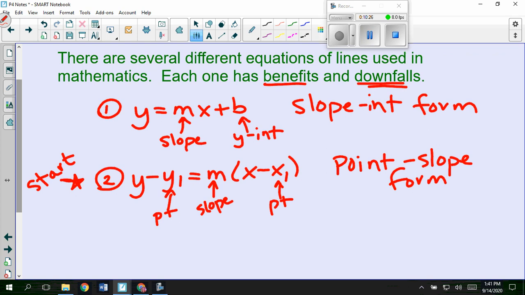Now, before I talk about the third and final form, two of the pre-calc teachers are AP calculus teachers also. So we like to do a quick shout out that for those of you moving on to AP calculus, we tend to use the point-slope form a lot, but we also tend to use a y equals format.